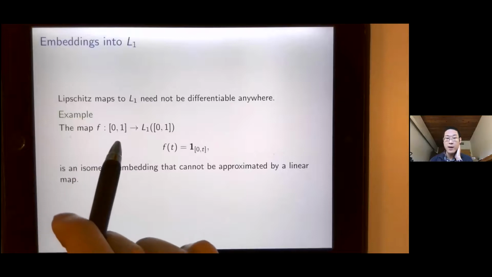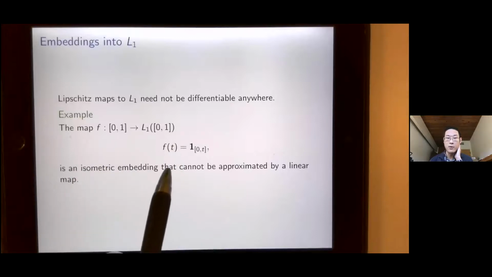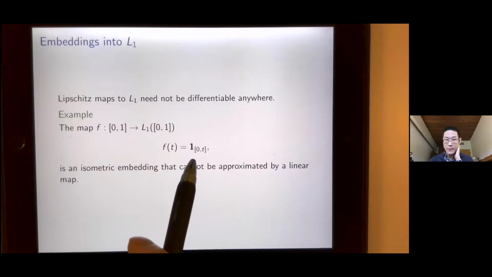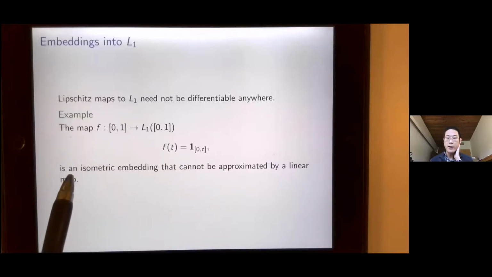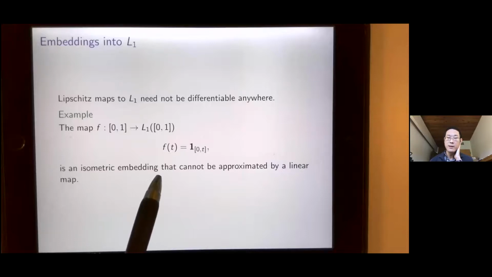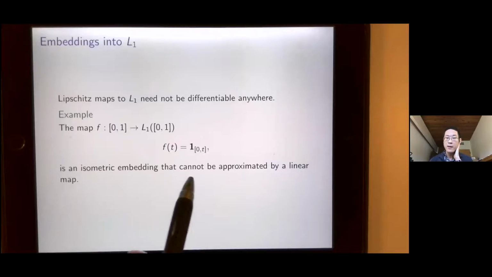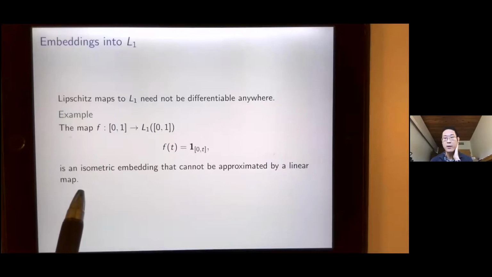F taking the interval to L^1 of the interval, where F of t is the characteristic function of the interval from 0 to t. You can calculate that this is an isometric embedding, but it's an isometric embedding that cannot be approximated by a Lipschitz map at any scale. No matter how far you zoom in on this map, it never gets close to linear.